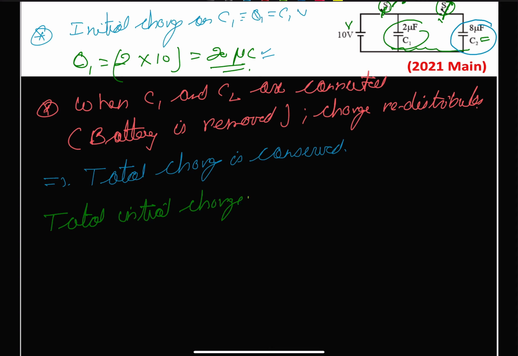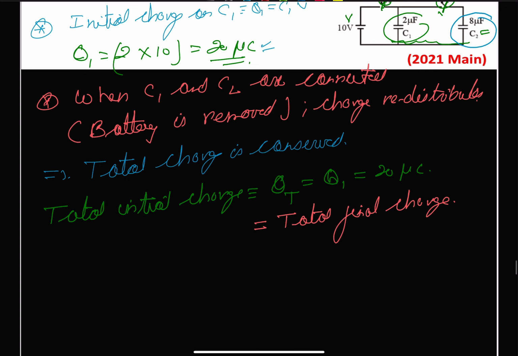Let us suppose our Qt will be equal to our Q1, that is our 20 microcoulomb. And because of conservation, this will be equal to total final charge. How much it is going to distribute among C1 and C2, that is not required, so we are not going to find it. But its total value will be equal to 20 microcoulomb.